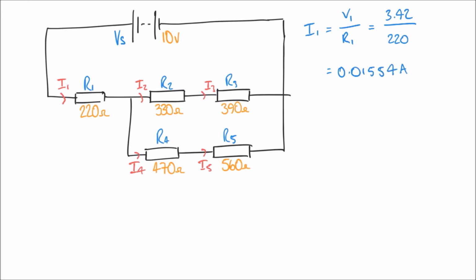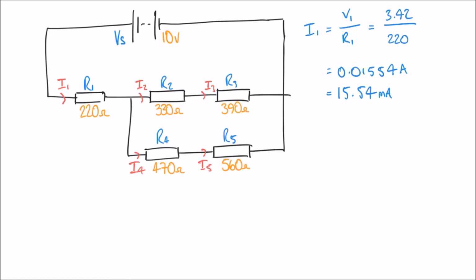Now, that's not a very easy number to get a grip on. Much better would be to multiply it by a factor of 1,000 so that we can express it in milliamps. So 0.01554 amps is the same as saying 15.54 milliamps.